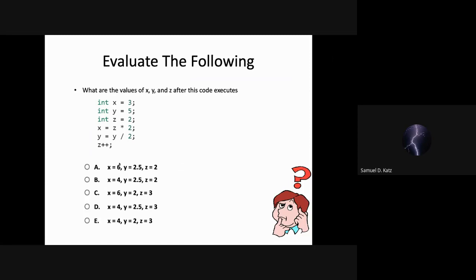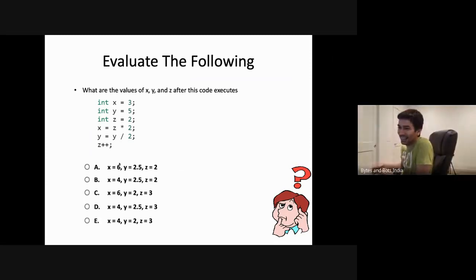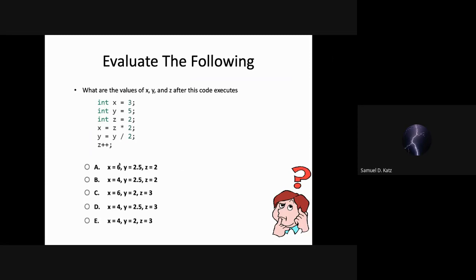The values of x, y, and z after the code executes. So x equals 4, or yeah. No, x equals 7 maybe because you add them. I don't know. No, I think x equals 4.